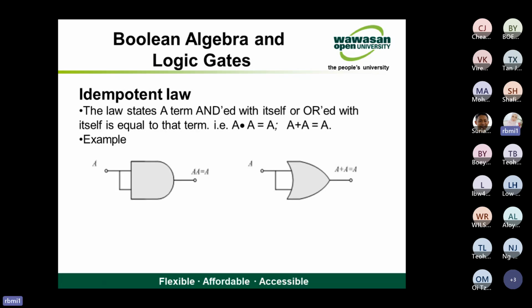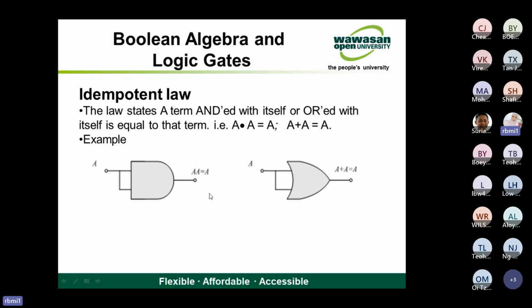Next we have the idempotent law. The law states that a term when we AND with itself or OR with itself equals that term, meaning A multiplied with A gives A. Like here in this one, we have two inputs, A and A, equal to A. Let's say A is 0, so we have 0 and 0 equals 0. If A is equal to 1, 1 and 1 also equals 1.